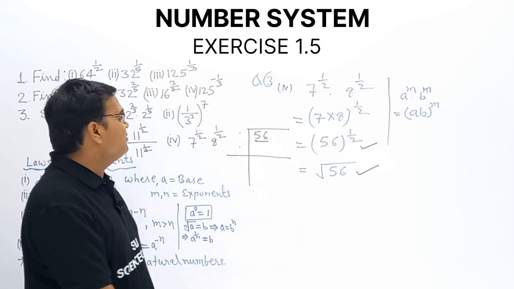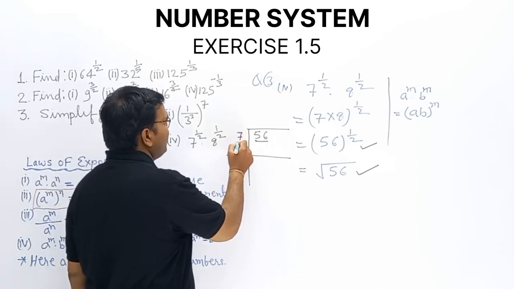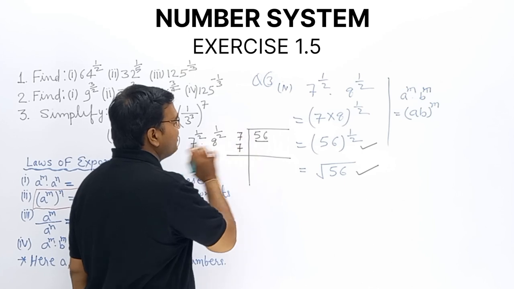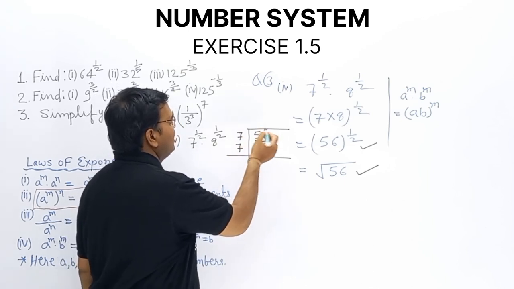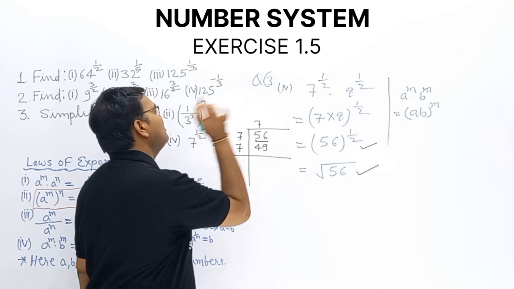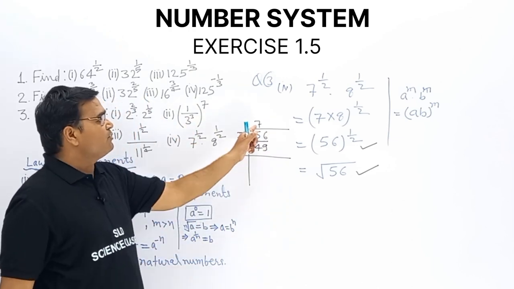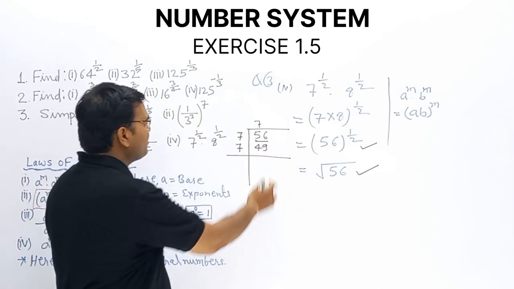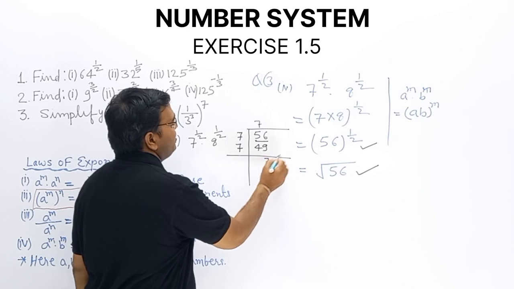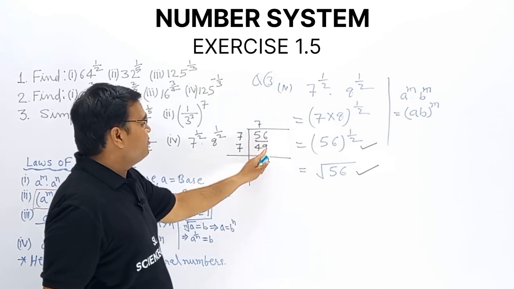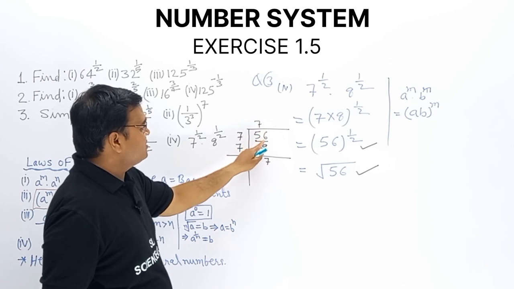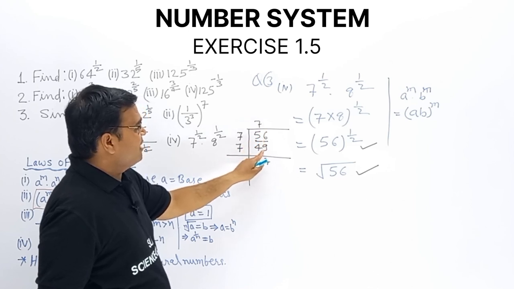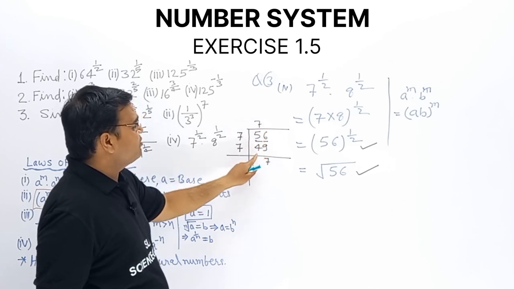So what number will we use? 7 and 7. Multiply both, the result will be 49, and how many times is it going? 7 times. In the quotient we will write 7. Subtract both, the remainder will be 7. 16 minus 9, we borrow 1, 16 minus 9 will be 7, 4 minus 4 will be 0.